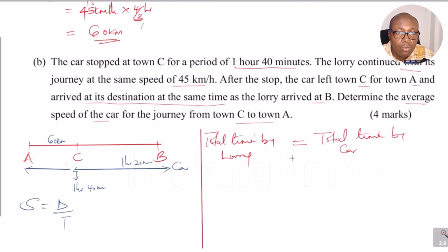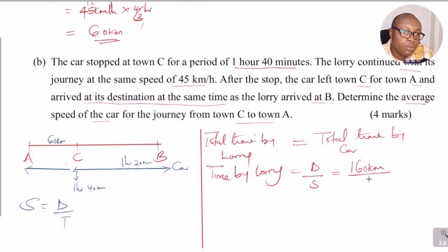So now we can get the total time by the lorry for the whole journey. How do we get time? We get time by taking distance over the speed. The distance is 160 kilometers, and the speed of the lorry was 45 kilometers per hour.